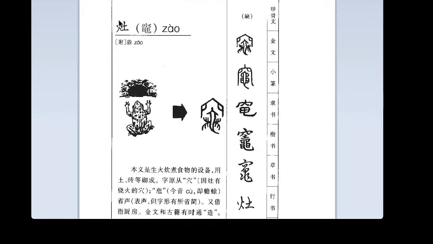They made a simplified version, which is much easier. They basically use 土, which is dirt, and fire to create a new character. So 土 and fire actually makes sense because that's how they built this kind of cooking range.